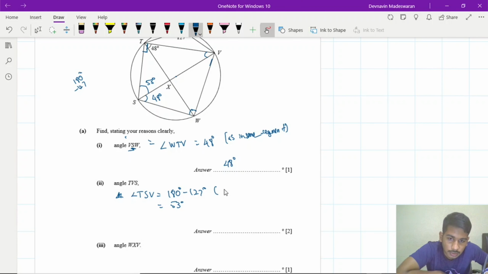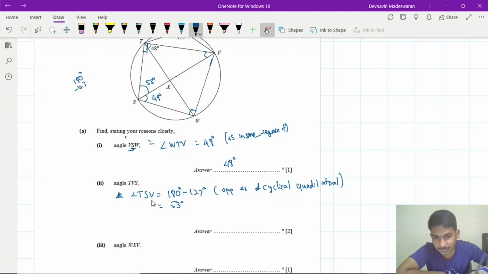The reasoning: opposite angles of a cyclic quadrilateral. And then this is just angle sum of triangle.